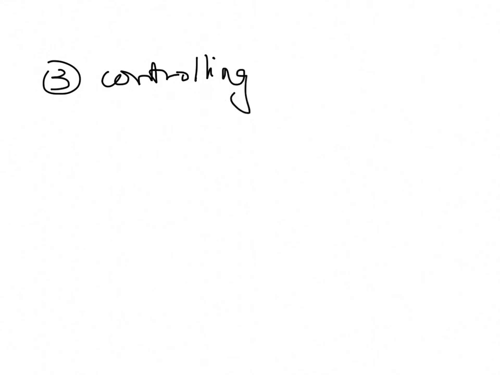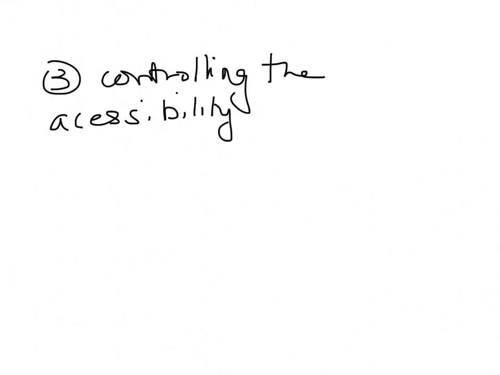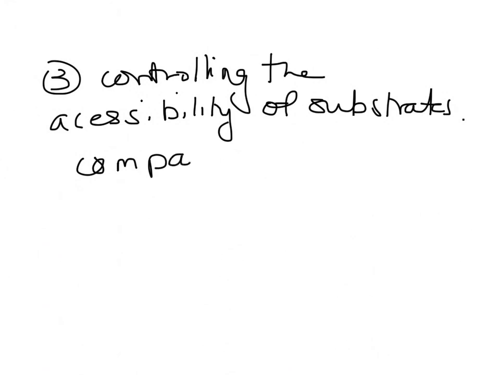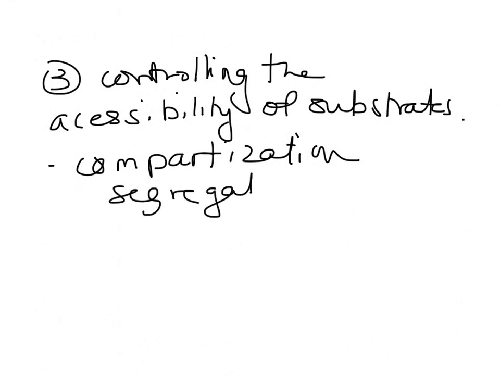The third way in which we regulate metabolism is by controlling the accessibility of substrates. Now this can be done by compartmentalization, which will segregate reactions.